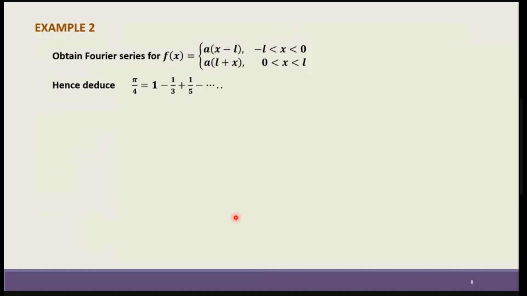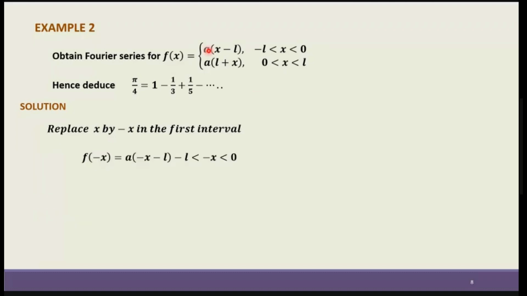अगर हमने x को minus x put किया पूरे interval में, तो हमारा आंसर आएगा a into minus x minus l, less than minus x less than 0. पूरे first interval में हमने x को minus x put किया, तो इसको सिंप्लीफाई किया, अगर हमने माइनस साइन से मल्टीप्लाई किया तो वी विल गेट l greater than x greater than 0, or I can write 0 less than x less than l. So what is the function we get?